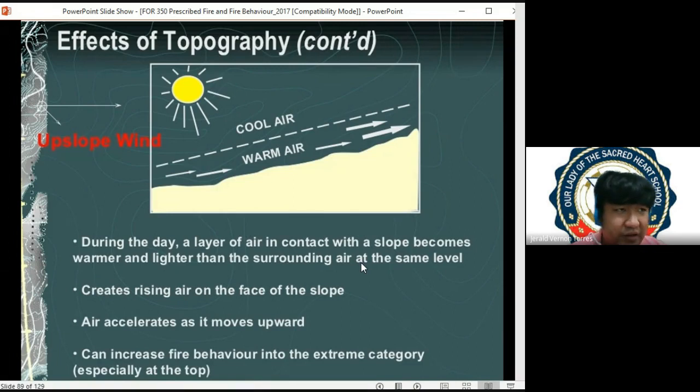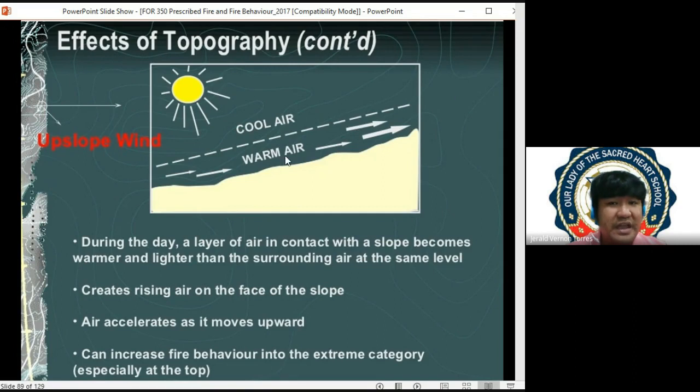Okay, another thing that we need to consider is yung effect ng higher temperatures. So for example, mainit ngayong araw na ito. Pag mainit ngayong araw, syempre, mas mainit yung air sa surface. And because of that warm air, natatrap siya under the cool air. Remember na mas dense yung cool air kaysa sa warm air. So dapat ang tendency, lulubog si cool air over warm air.